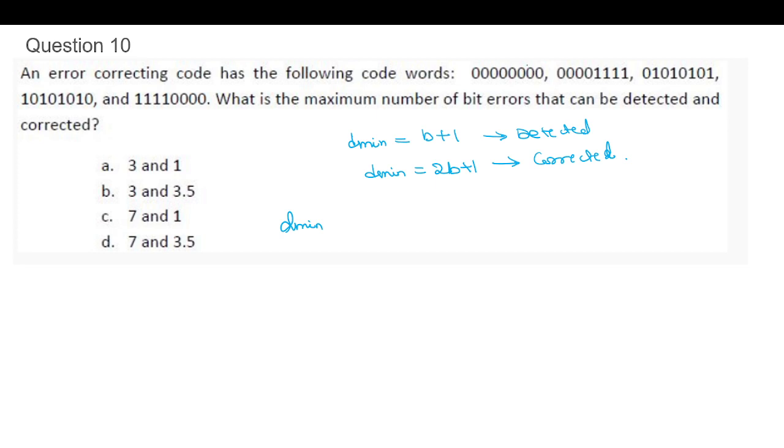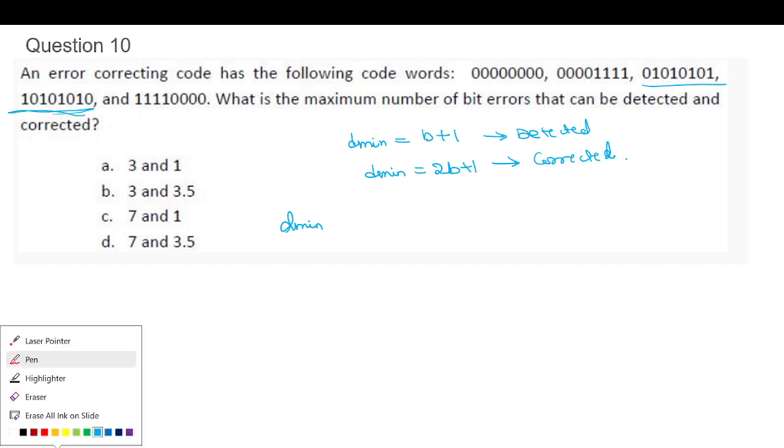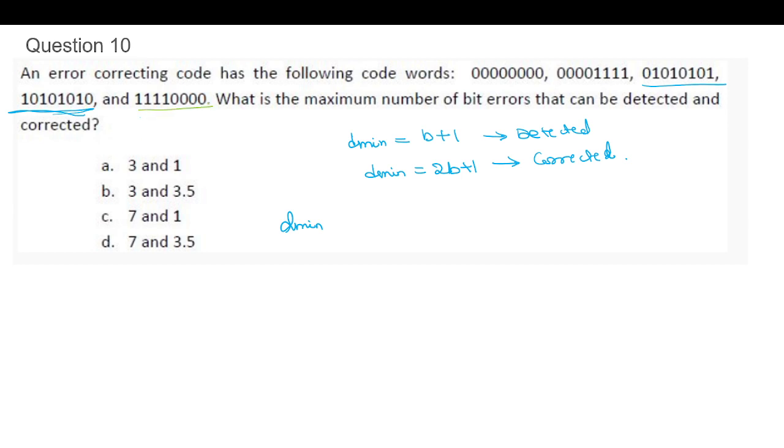If you see this and this, I think they give the maximum toggle, so we check the distance between this and this. Almost all the bits are different. So it is 1, 2, 3, 4, 5, 6, 7, 8. And with this also it is 8. So the d min is 8.